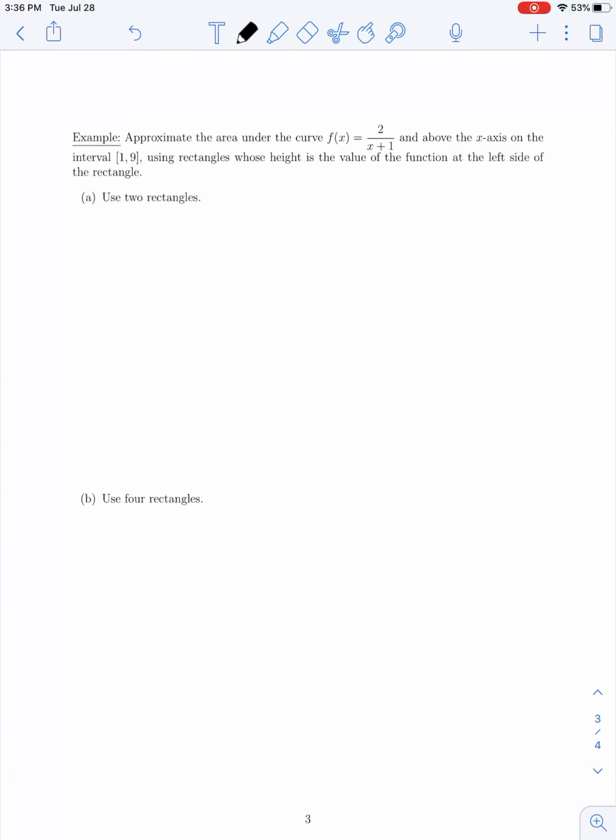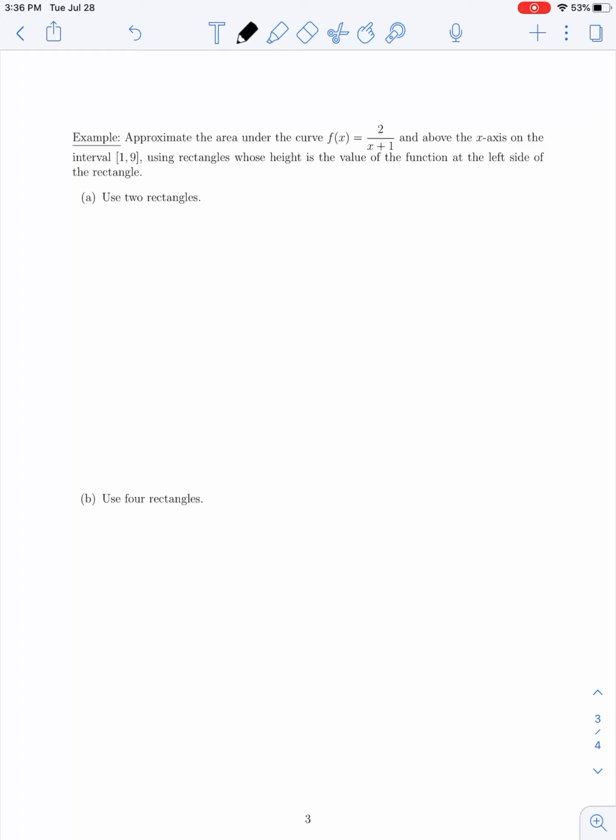So in our next example, we're asked to approximate the area under the curve 2 over x plus 1 and above the x-axis on the interval from 1 to 9 by using rectangles whose height is the value of the function at the left side of the rectangle. So let's take a look at this.